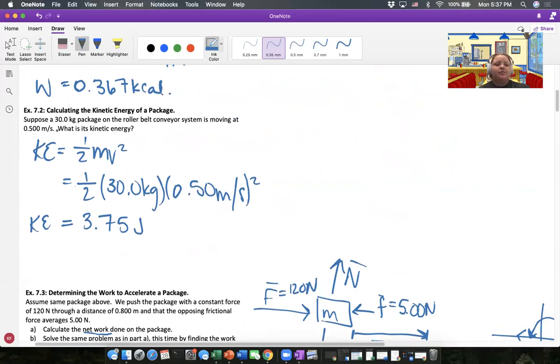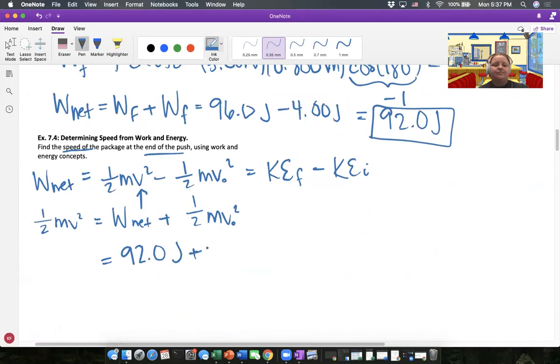In that example, this was its kinetic energy as it was already moving, and I got that at 3.75 joules. So this initial velocity, and therefore the initial kinetic energy, is from the above problems.